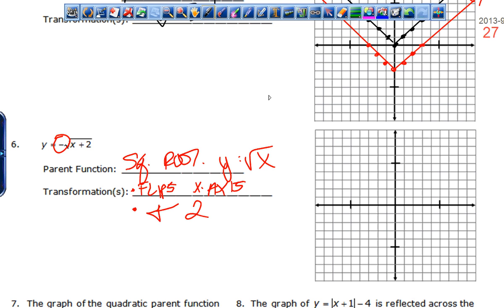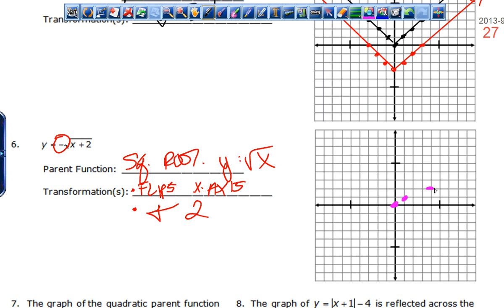Oh boy. All right. Parent function for square root. Square root of 0? 0. Square root of 1? 1. Square root of 2? 4. Ooh, trick question. Square root of 4 is 2. You can't really do the square root of 2. So square root of 4 is 2.